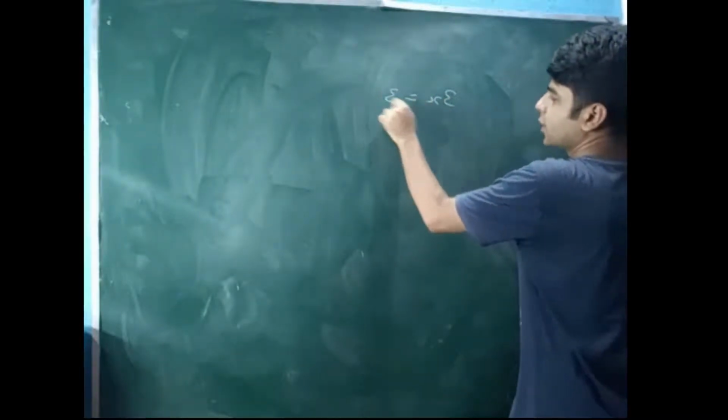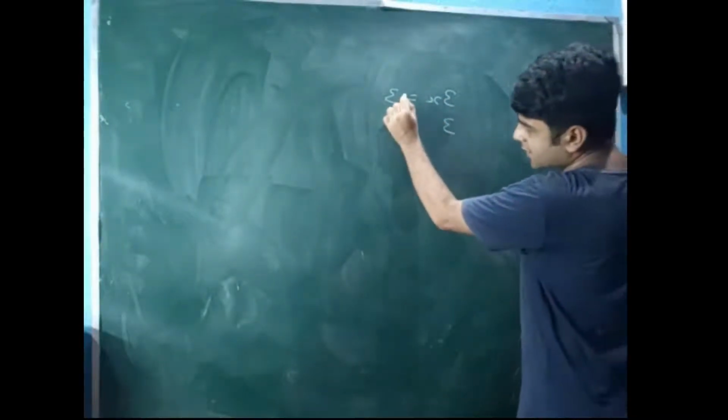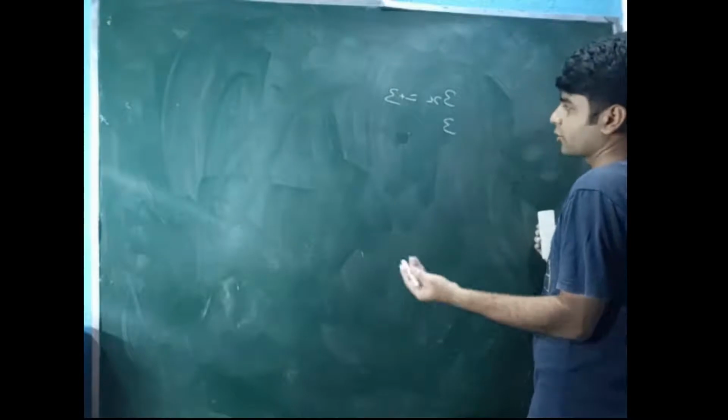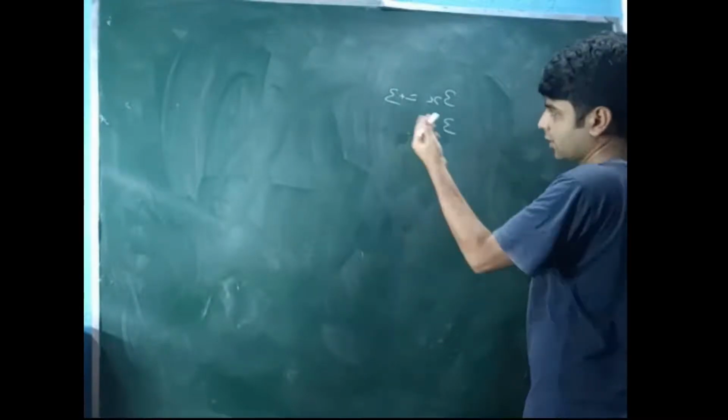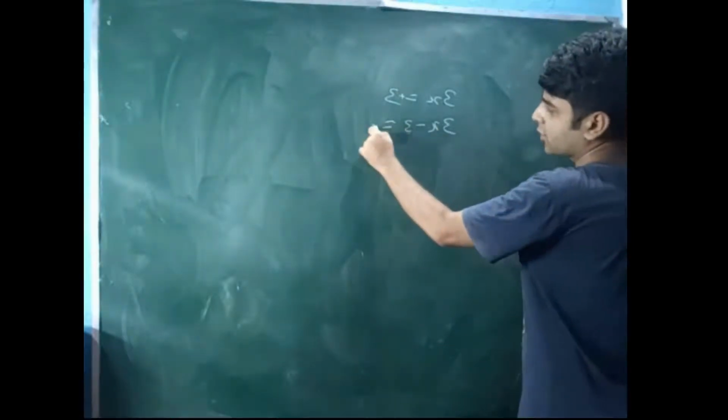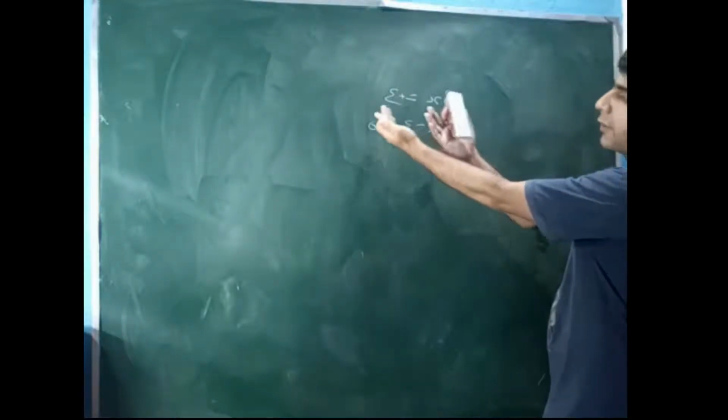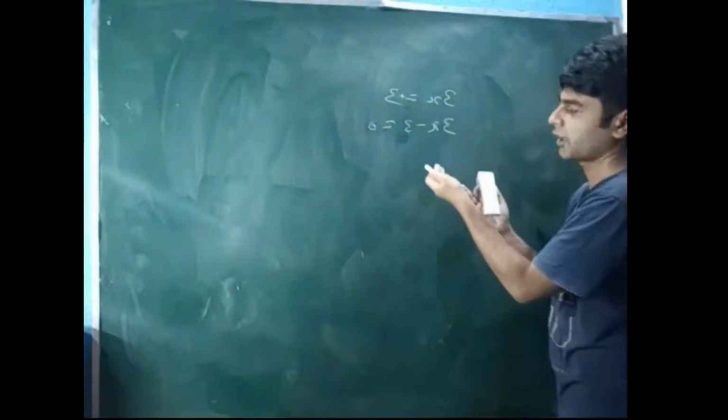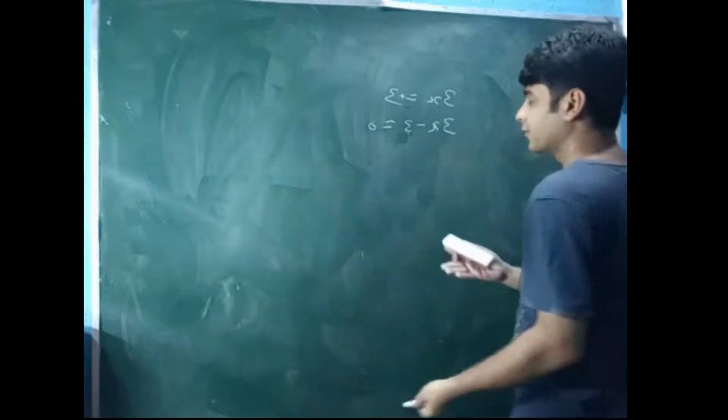Like if I have 3x equals 3, we can say, as there is a plus 3 which is not written but still is there, so 3x minus 3, because there is plus, so whenever we are changing the side of 3 it will become minus or negative 3.